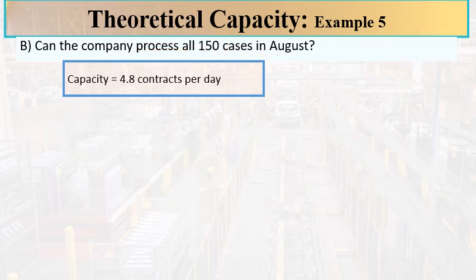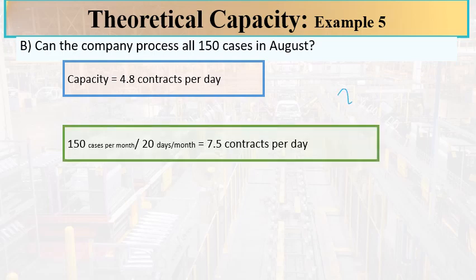So let's do part B of the question. So we know that there is 20 days per month. That's given in the question. So the question is asking us, can the company process all 150 cases in August? So let's see how many cases they have to do per day.